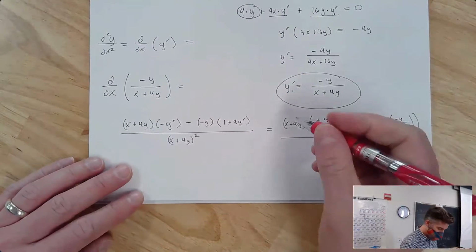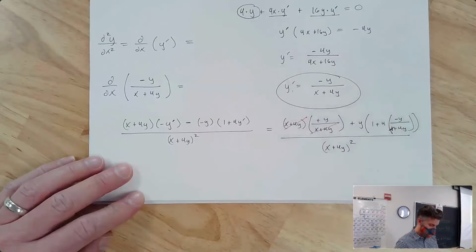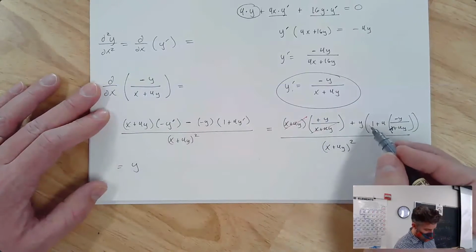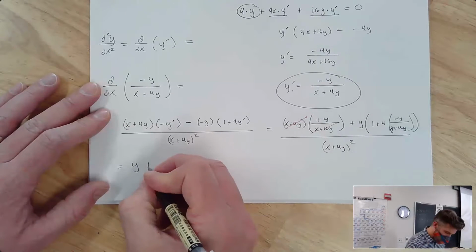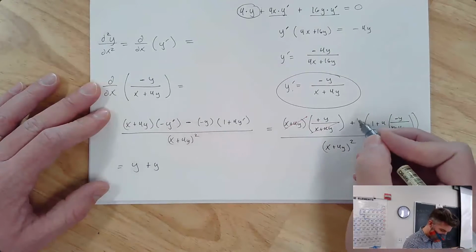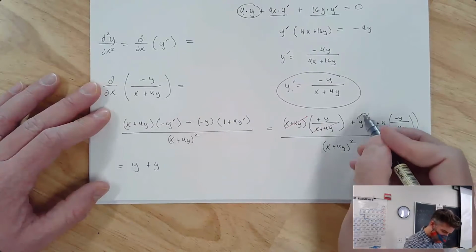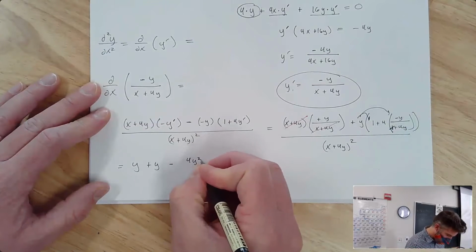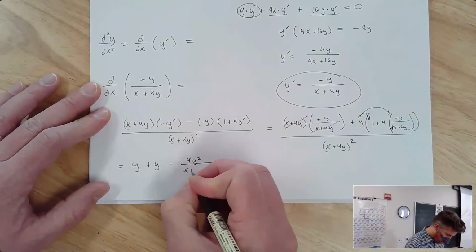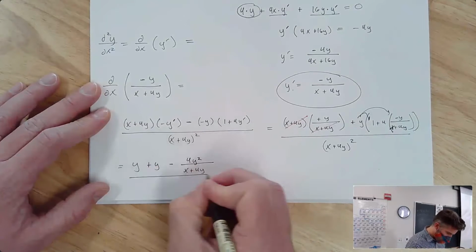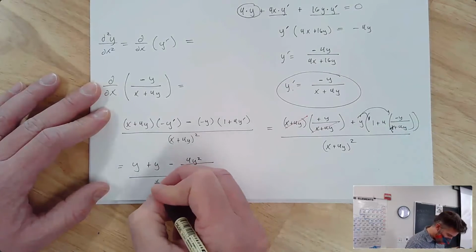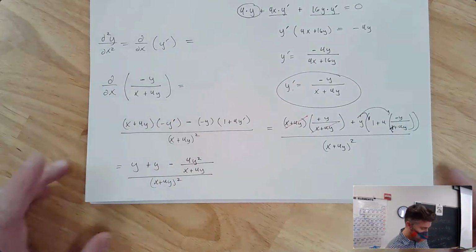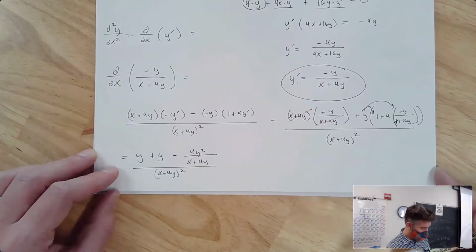Check this out. That cancels with that. So I end up with y, and then I have plus y, and then minus 4y squared over x plus 4y, all over x plus 4y squared. I don't see anything particularly useful, but here's what I might do.